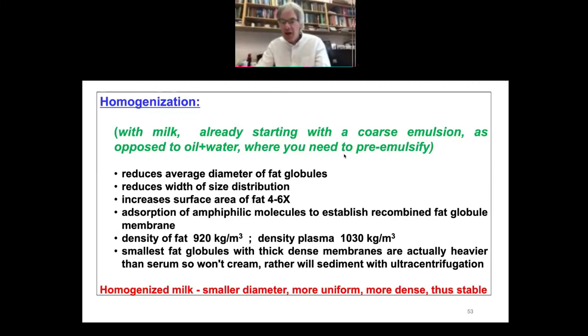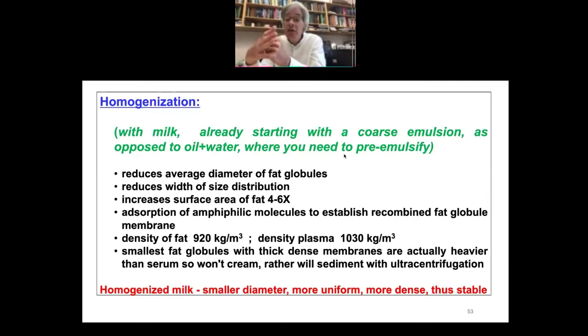So we homogenize milk in order to create a stable emulsion and be able to sell fluid milk with a shelf life of 2 to 3 weeks, or much longer if it's UHT sterilized. Homogenization reduces the average diameter of globules, reduces the width of the size distribution, and greatly increases the surface area, as we talked about earlier, because of all the smaller sizes.